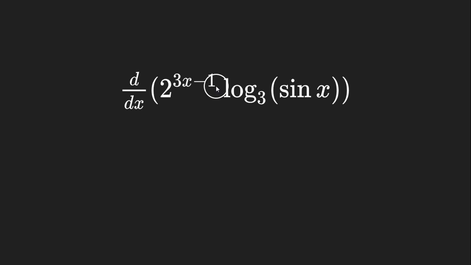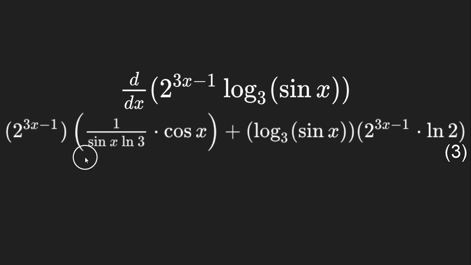Since I have two different functions being multiplied, I'm going to do the product rule. Now notice this sine x is hanging out here too, but it's inside that log function, so I'm going to let it run with the log function and do chain rule with that. If I do the product rule here, first times derivative of second plus second times derivative of the first, we'll get first times the derivative of the second one.